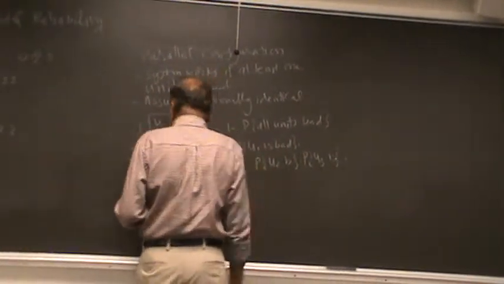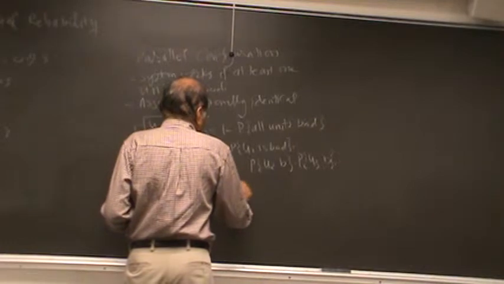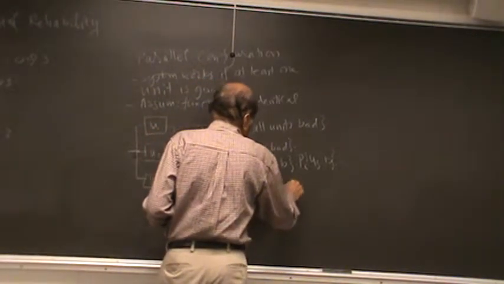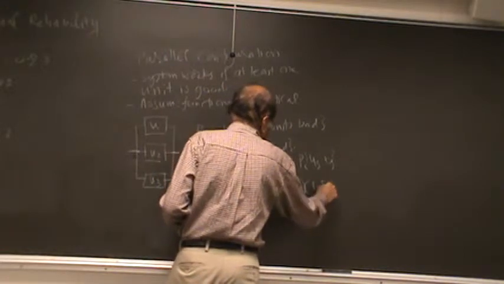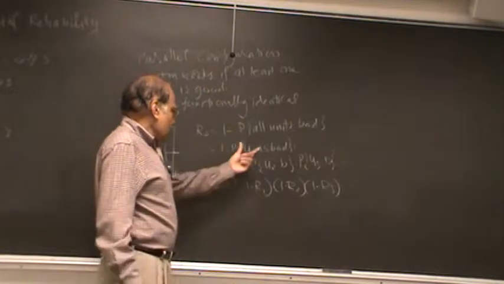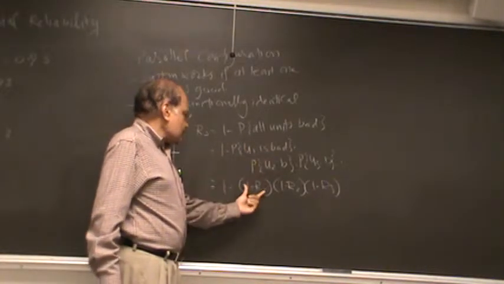And we can write that as 1 minus (1 minus R1)(1 minus R2)(1 minus R3). The probability that unit 1 is bad is equal to 1 minus R1.